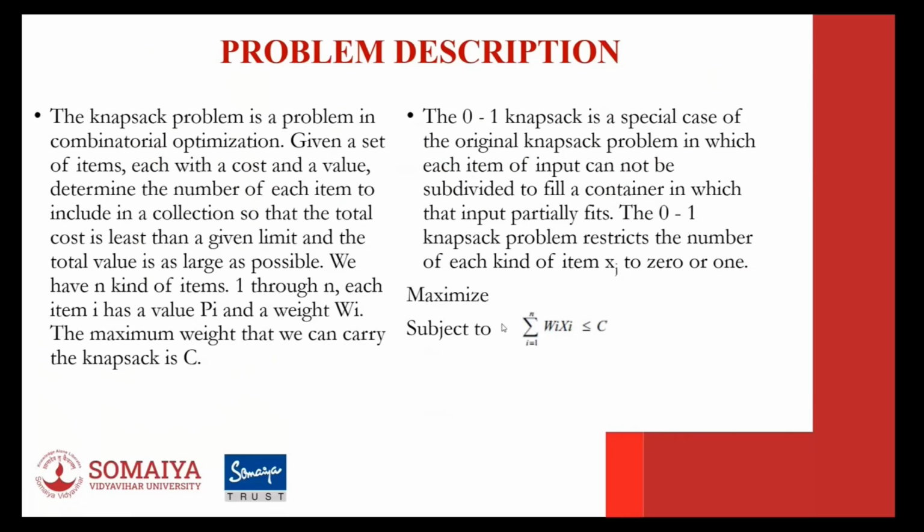The 0-1 knapsack is a special case of the original knapsack problem in which each item of input cannot be subdivided to fill a container in which that input partially fits. The 0-1 knapsack problem restricts the number of each kind of item xi to 0 or 1. Maximize the total value, subject to the summation over i equals 1 to n of wi xi being less than or equal to c, where c is the maximum weight that we can carry in the knapsack.